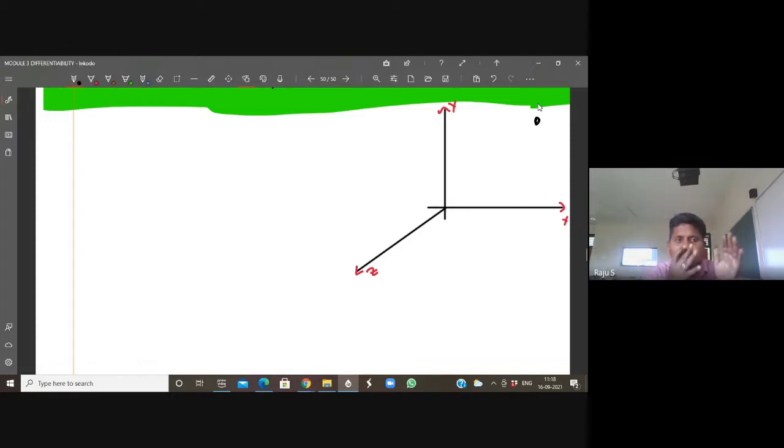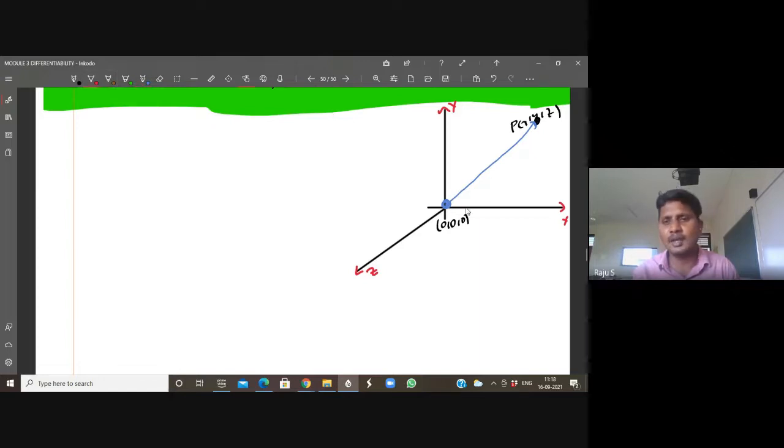If you join this origin to that opposite corner as a line, that line segment makes some angle with the x-axis, some angle with the y-axis, some angle with the z-axis. Here I'm taking this as the origin, one of the corners in the classroom, and I'm going to take any point P of x comma y comma z in space. If I join these two points, we'll get an OP vector, where the initial point is O and the terminal point is P.